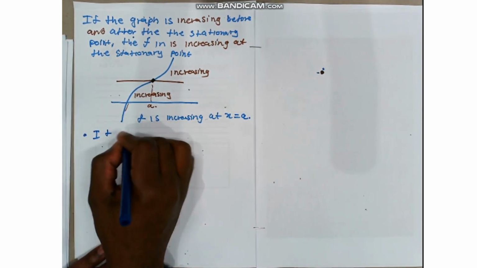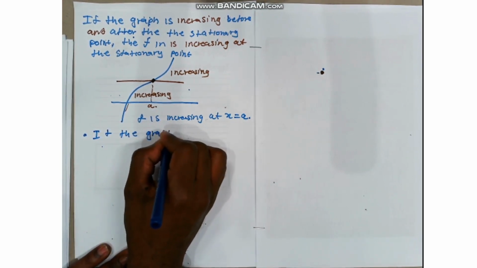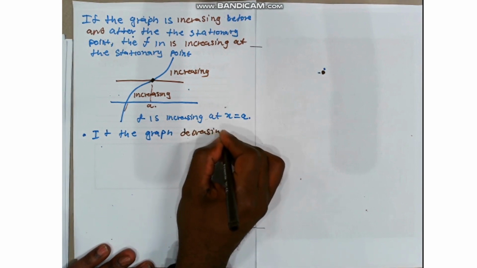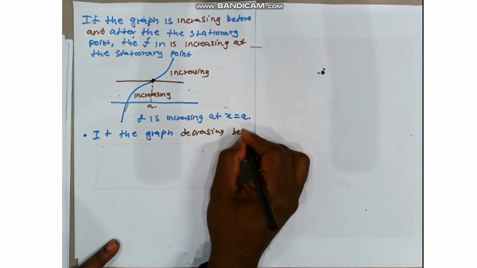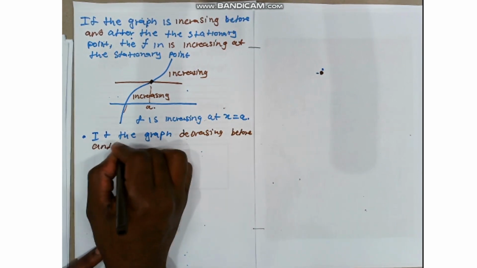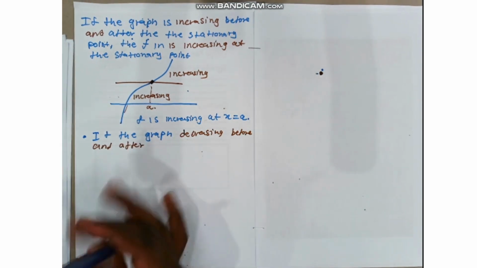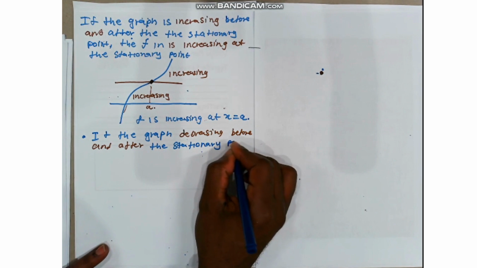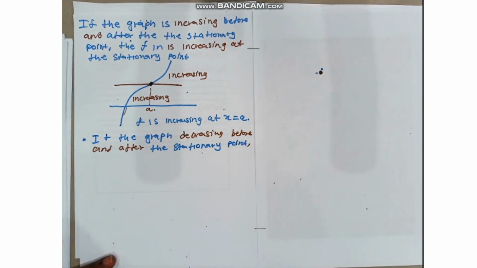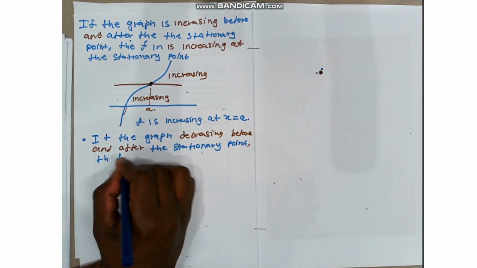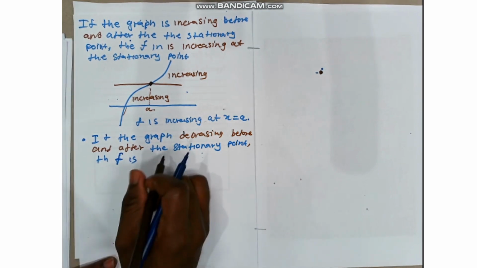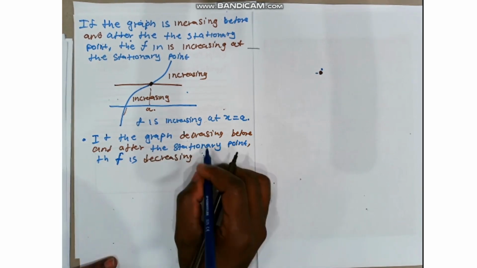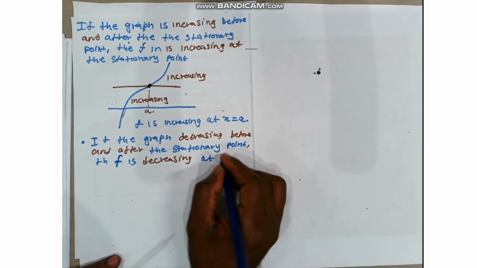So if the graph is decreasing before and after the stationary point, then the f function is decreasing at the stationary point.